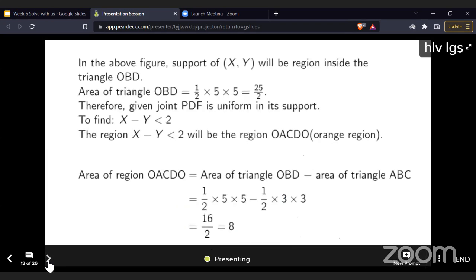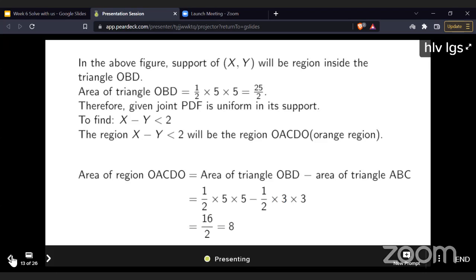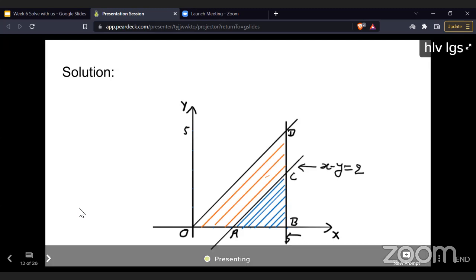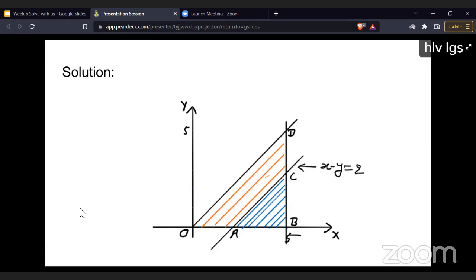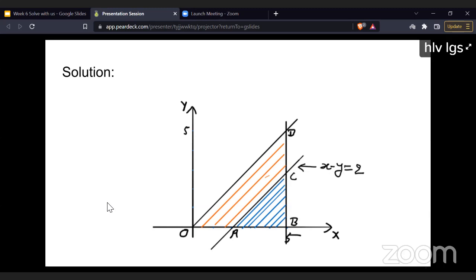So, okay. So what exactly are we trying to find here? Which probability? Which region? Blue one.